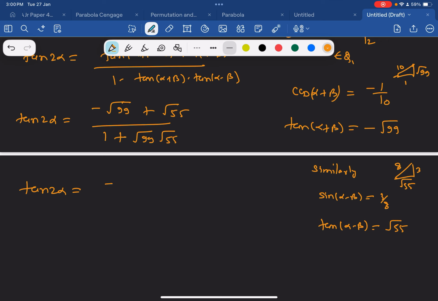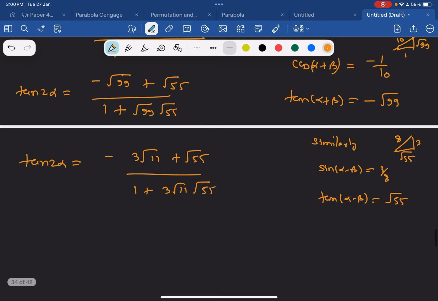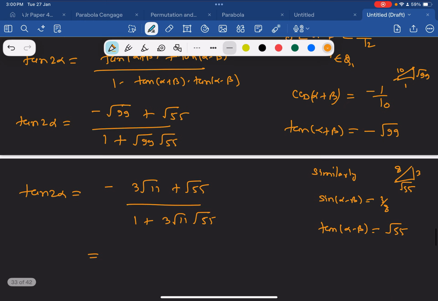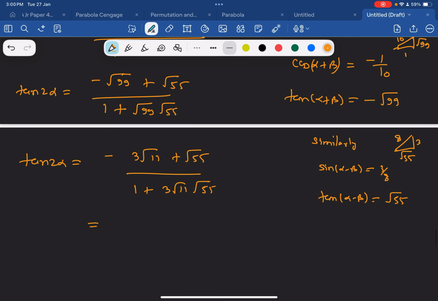We can take 3 common, so can I write minus 11 into 9, so 3 root 11, and 11 into 5, so keep it root 55 itself, and divide by 1 plus, again here I can write 3 root 11 and root 55.